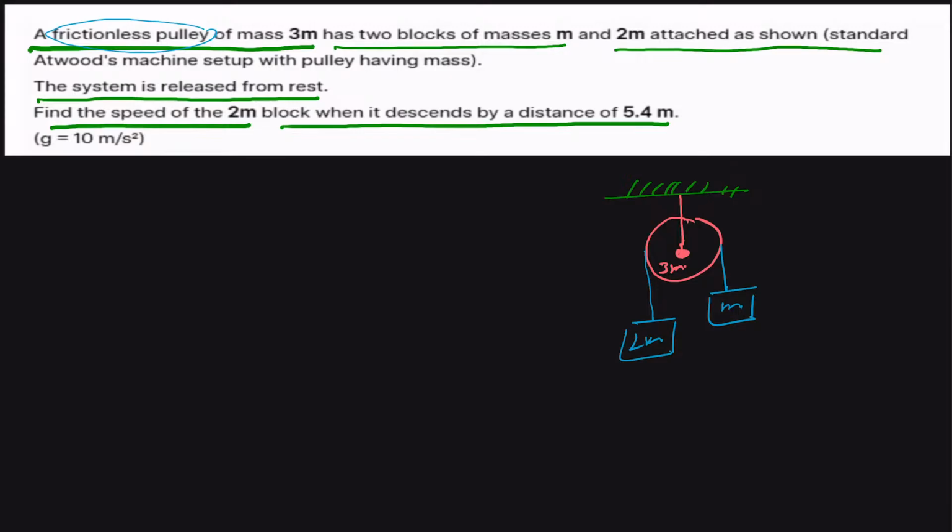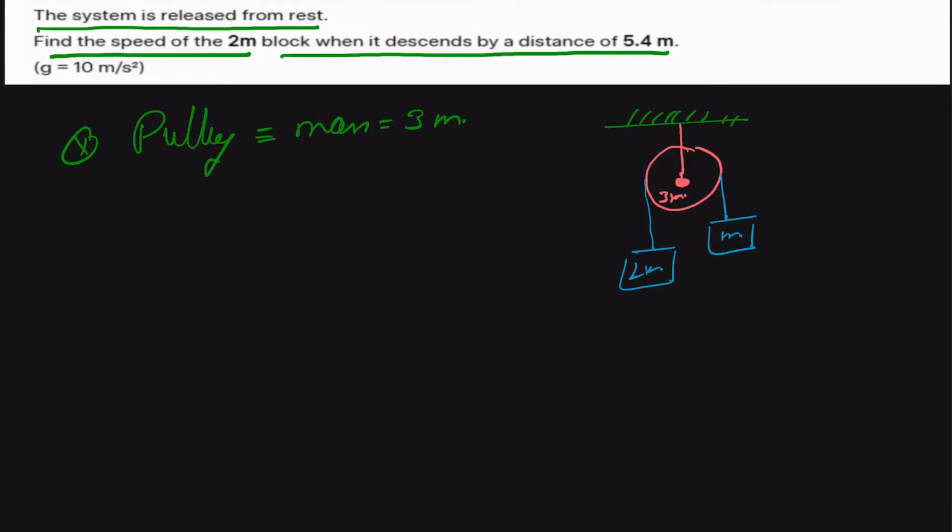So we are going to start from the pulley itself. The mass of the pulley is given as 3m, so we can treat this pulley as a uniform solid disc.